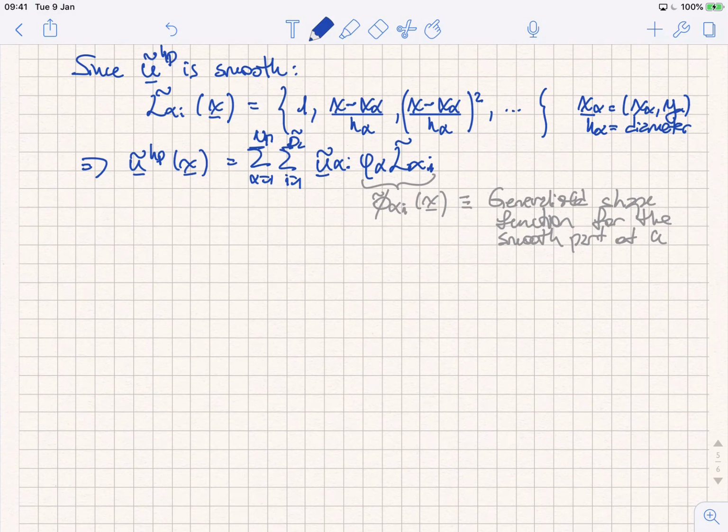How are we going to call this? Well, the non-smooth part is the U hat, and we're going to call it HP. Keep in mind that I call this HP because what I'm writing is basically the HP extension.